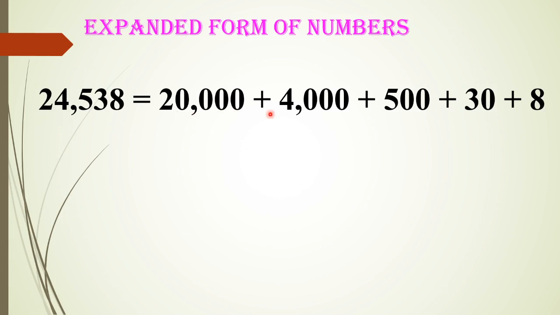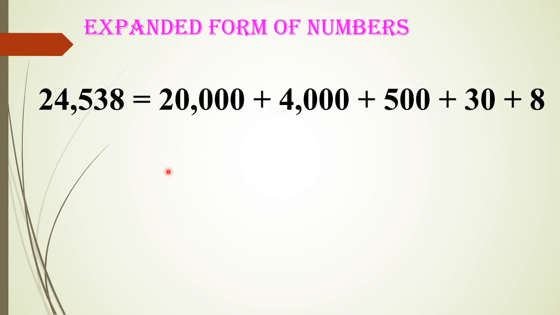Then plus you have to add, what is the place value of 4? 4 is at 1000 position. So 4000 is the place value of 4. Then 5, 5 is at 100 position. So 500 is here. Now 3 is at tens position. Then 30 is here. And 8 is at ones position. That means 8 is here.